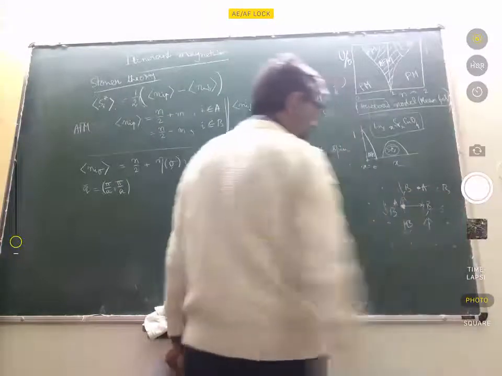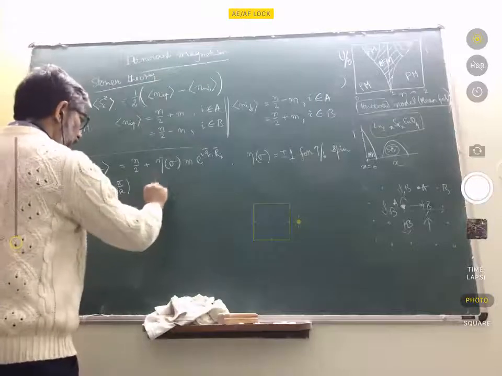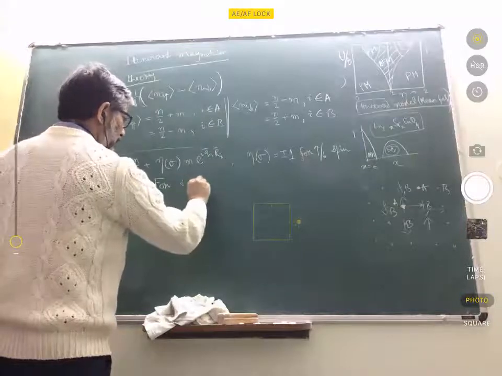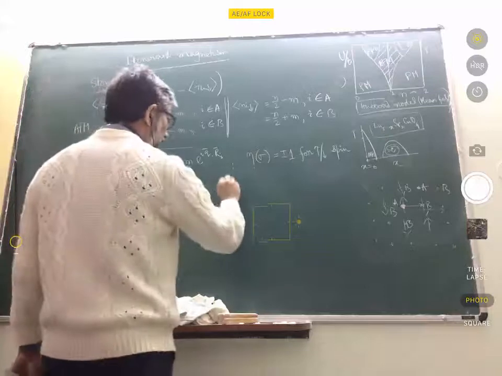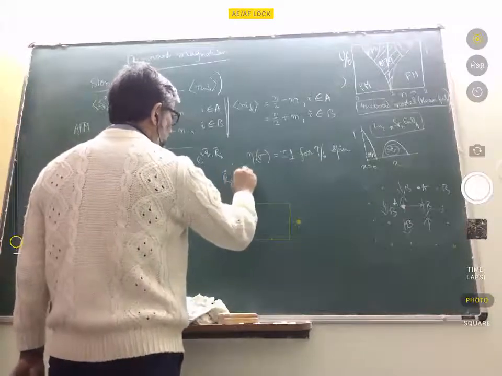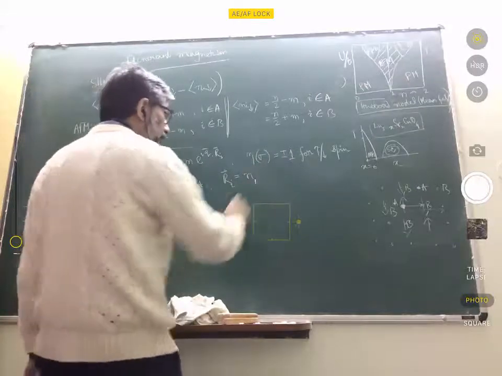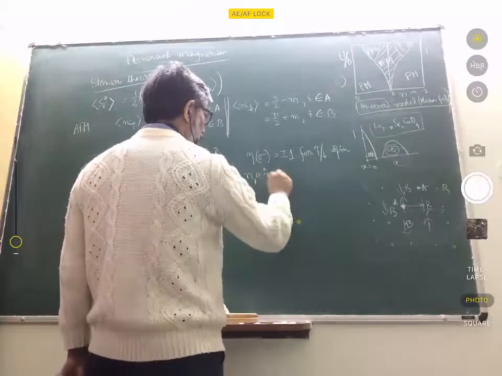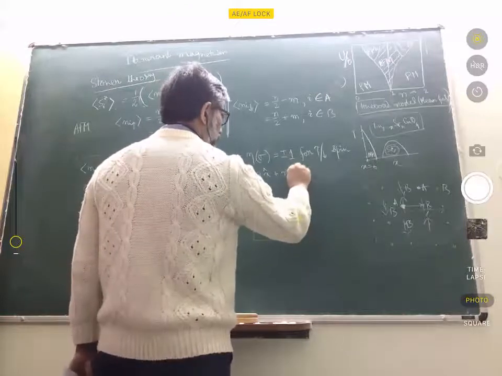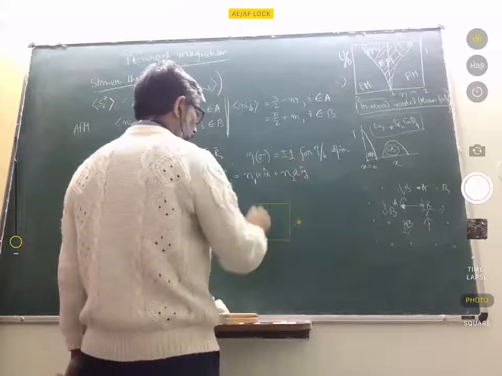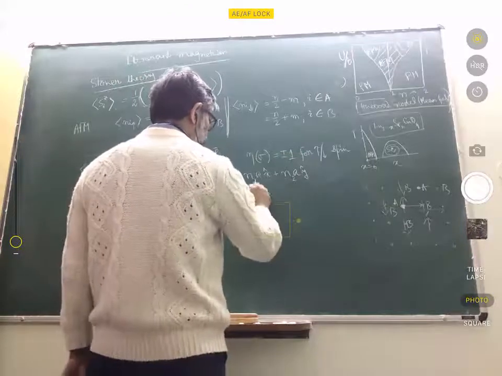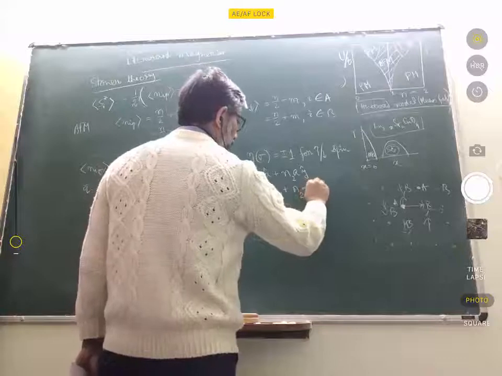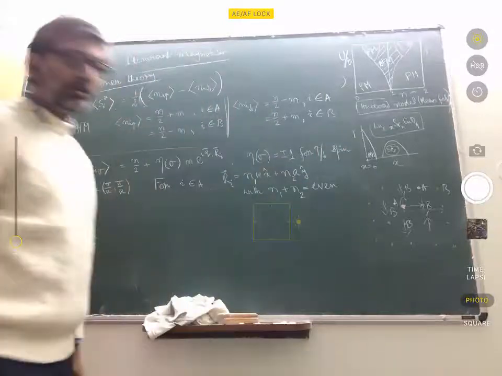So therefore, for the site i to be on the A sublattice, R_i has to be a vector of the form n1 a x plus n2 a y, where n1 plus n2 is an even number.